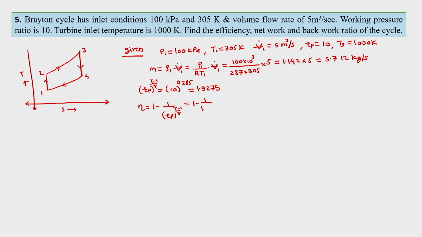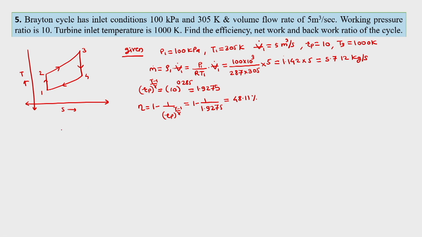So it is 1 minus 1 upon 1.9275, and efficiency becomes 48.11% or 0.4811.